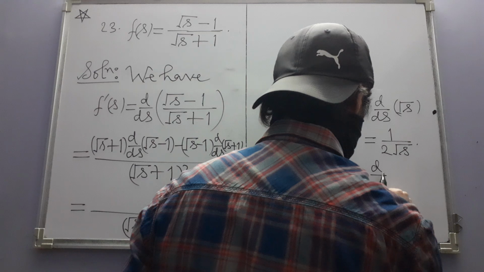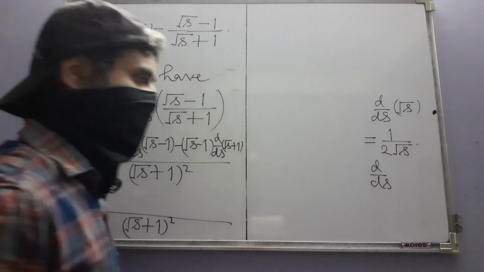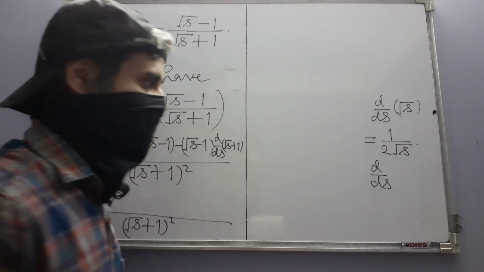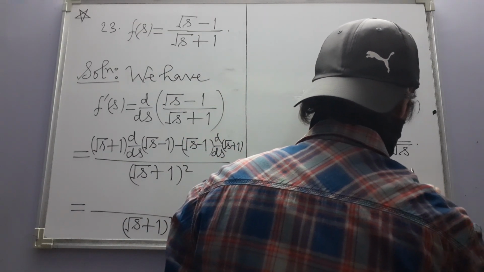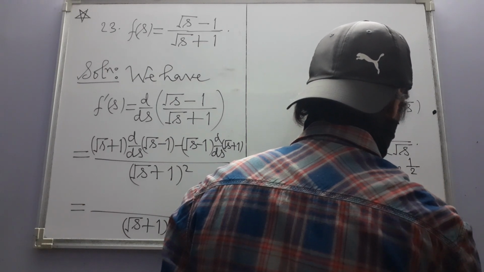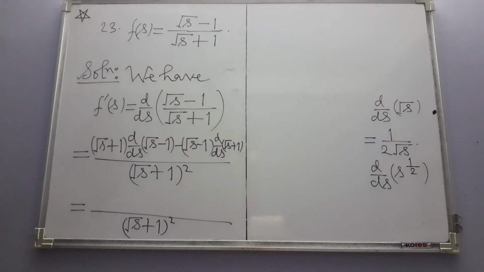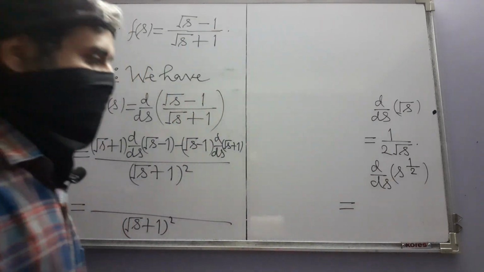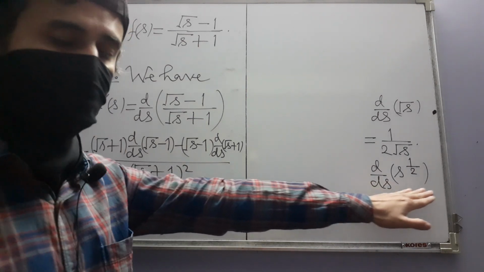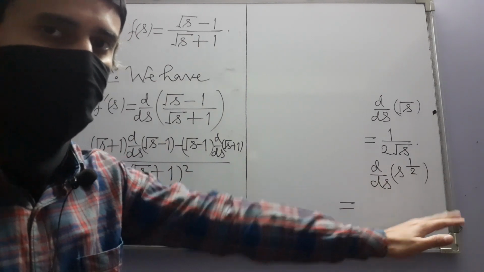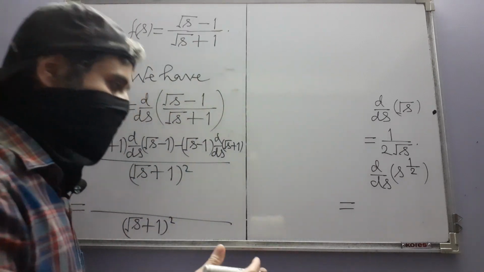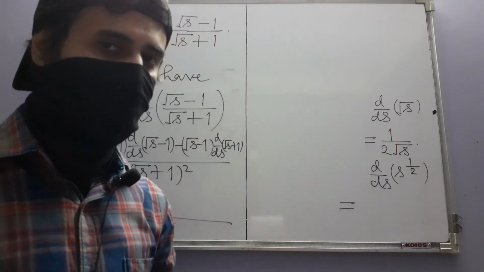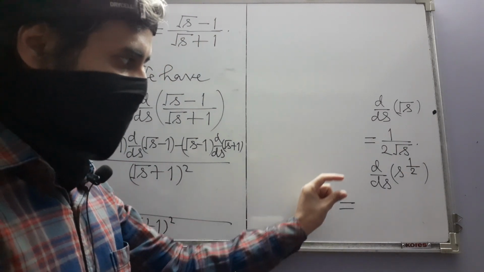Actually, it is also a power rule, but we haven't really got this form of power rule yet. You can write root s as s to the power 1 over 2. Now, in spite of not having seen this form, if you just go for it, the way we calculate such derivatives when the exponent is an integer, you just bring the exponent down.